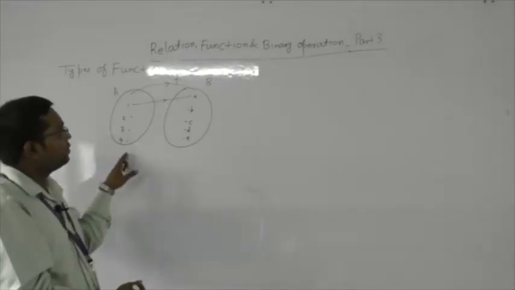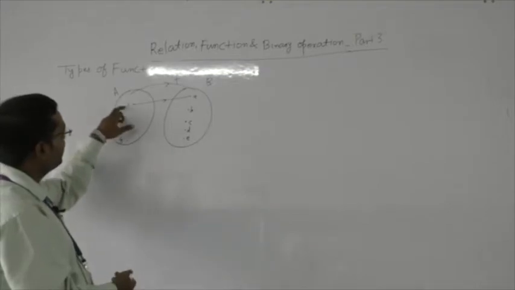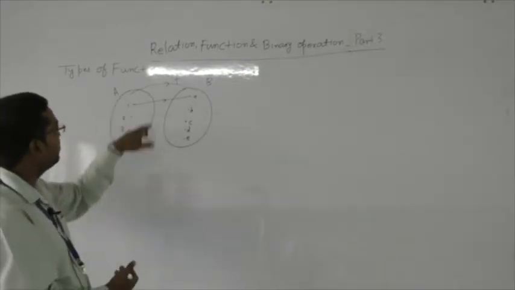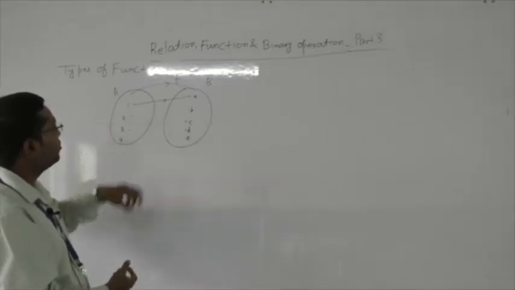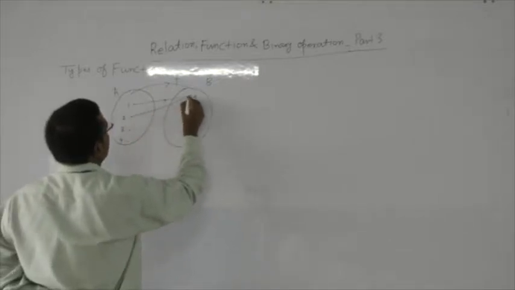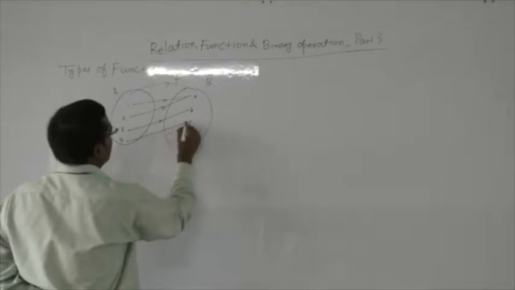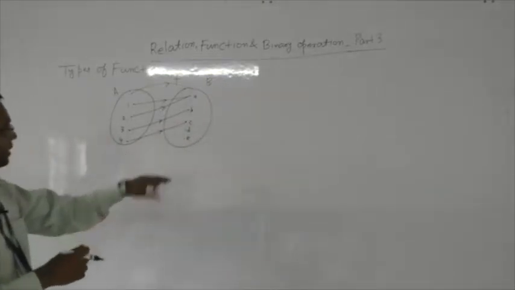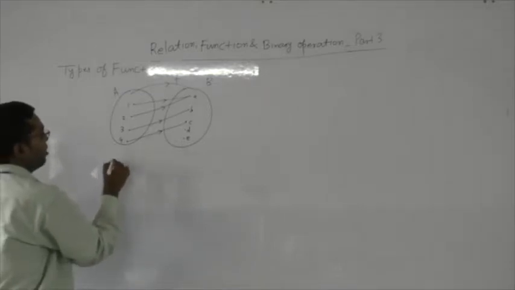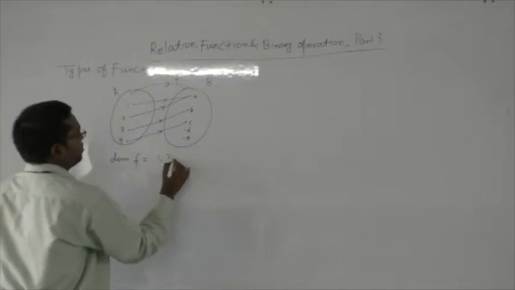A relation is called a function if every pre-image has only one unique image in B, and all the elements in A should be connected. So 2 is also connected to A, 3 is connected to B, 4 is connected to C. So this relation is a function. Here set A is called the domain, so the domain of this function is 1, 2, 3, 4.